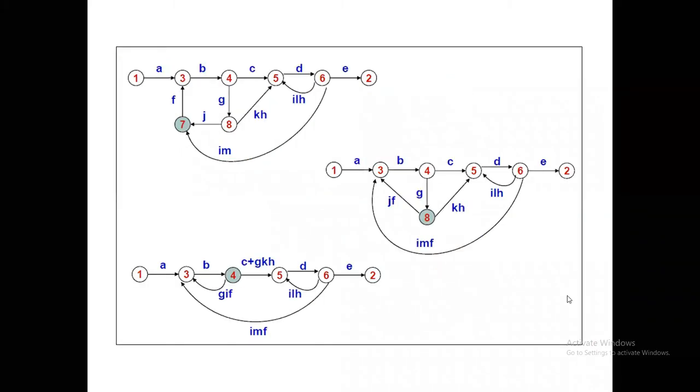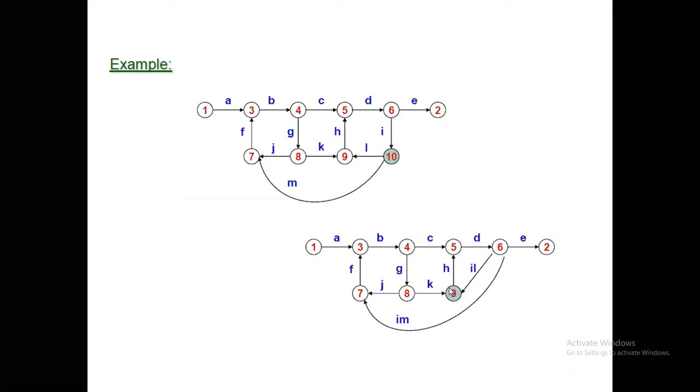Okay, next, in the next iteration we select node 9. Now how can we change this node?